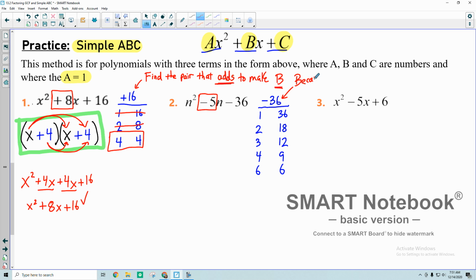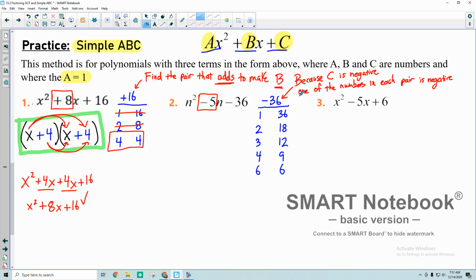Because this was our number for C, because C is negative, okay? So we don't have to worry about it if it's positive, but if this is negative, one of the numbers in each pair is negative.